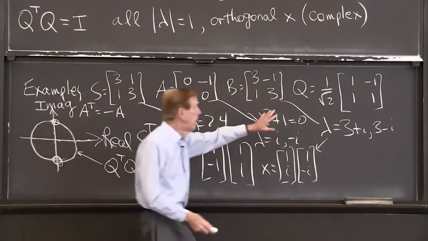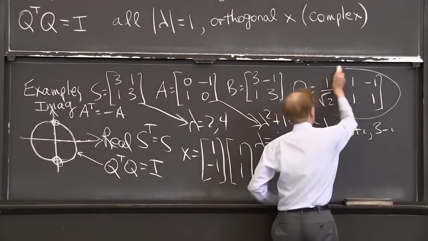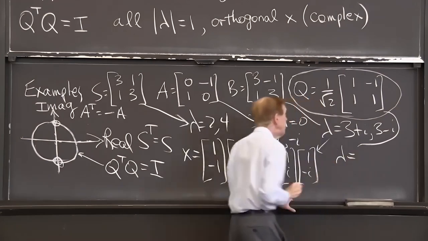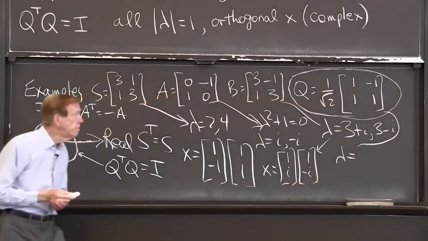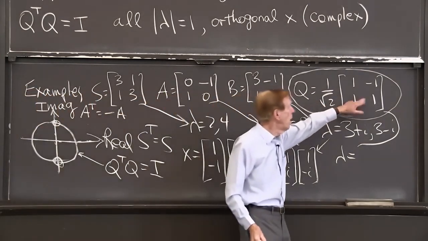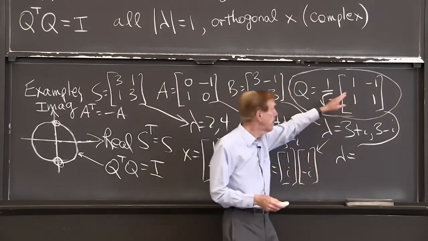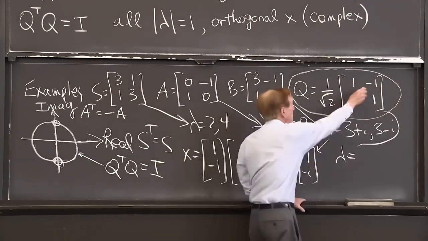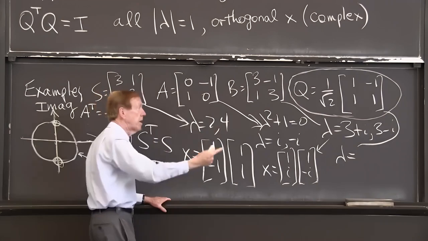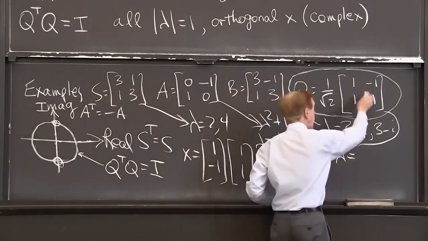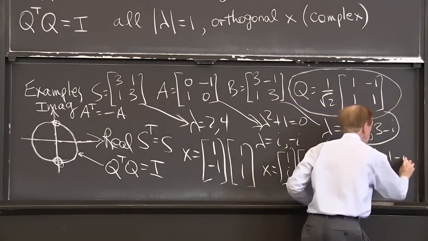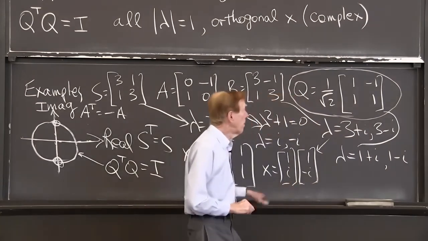And finally, this one, the orthogonal matrix, what are the eigenvalues of that? Let's see. I can see here I've added 1 times the identity, just added the identity to minus 1, 1. So again, I have this minus 1, 1 plus the identity. So I would have 1 plus i and 1 minus i from the matrix.